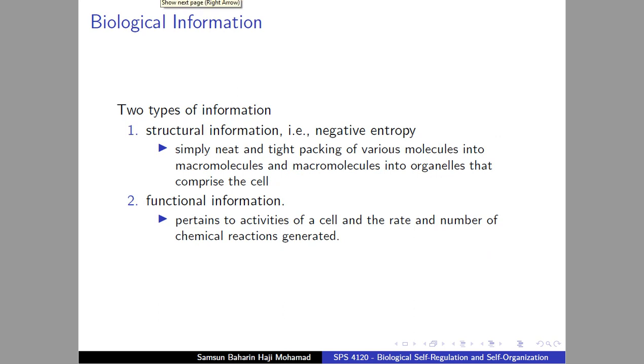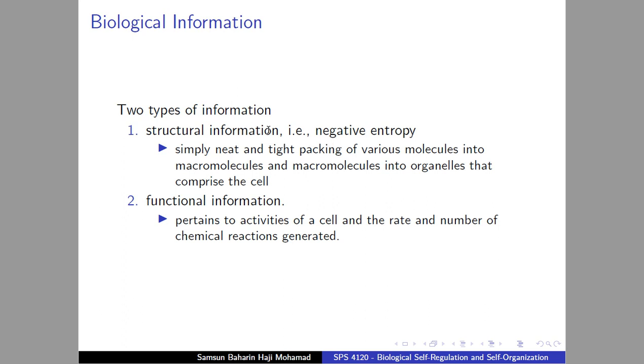Here we have the structural information: simply the breaking of various molecules into macromolecules and macromolecules into organelles that comprise the cell and also the organ. So how is it going to be formed? Shape X, shape Y, or shape Z? It depends on this information.